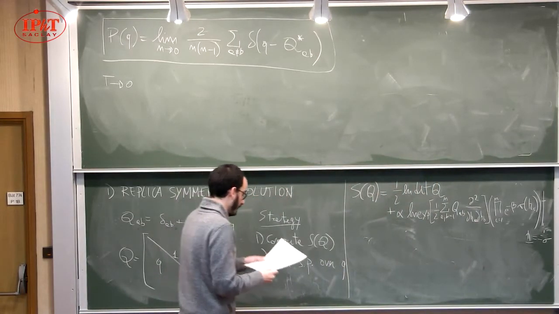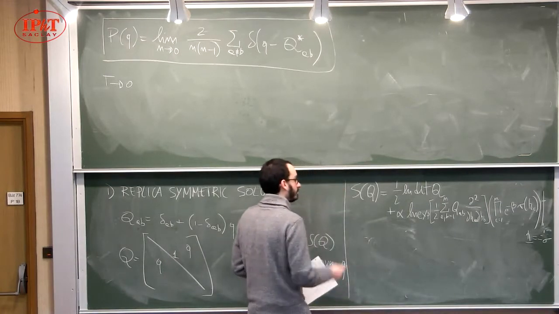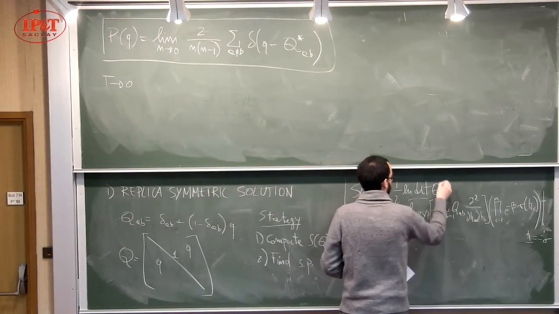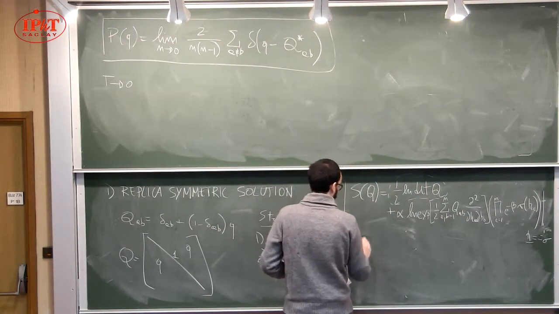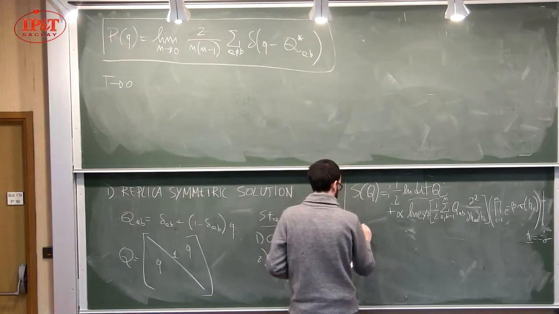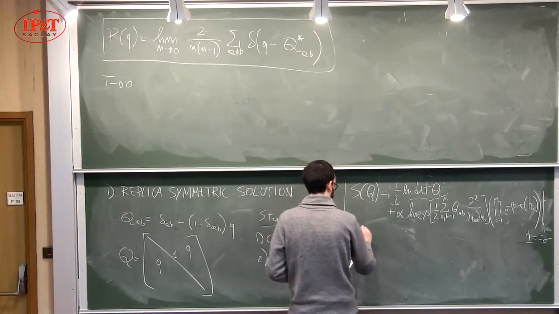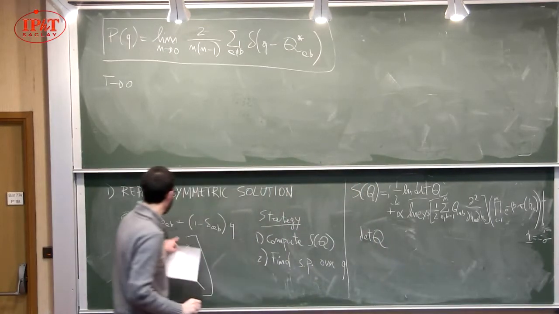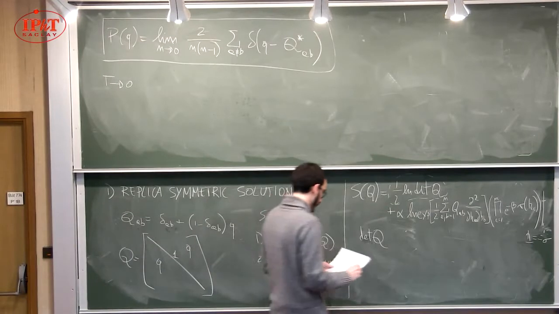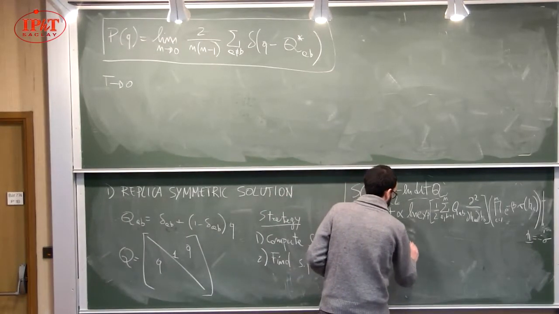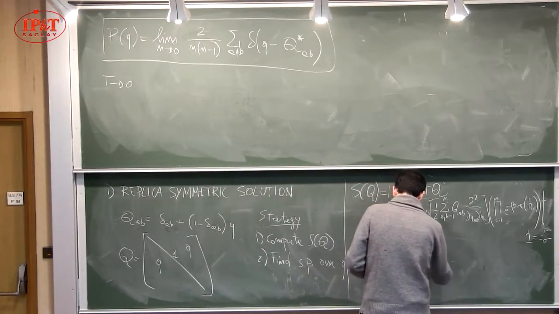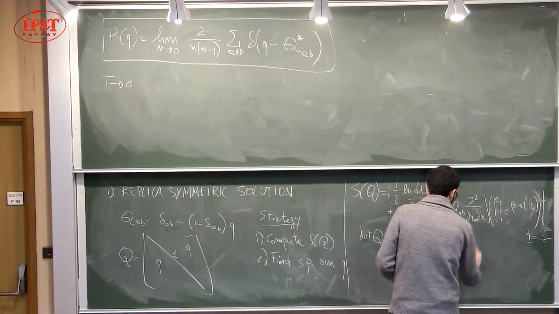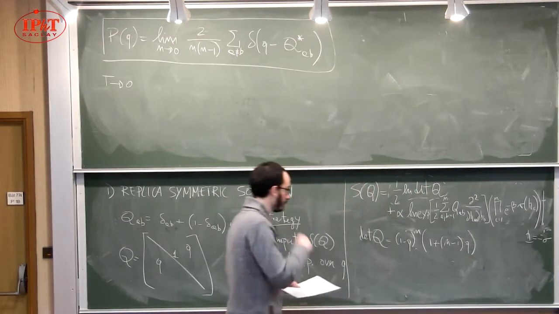Let's compute this first term. What you can show, I will not do it, but you can try, and if you don't manage, I can help you: the det of Q, when Q is of this form, is just given by (1 minus q) to the power n times (1 plus (n minus 1) times q).